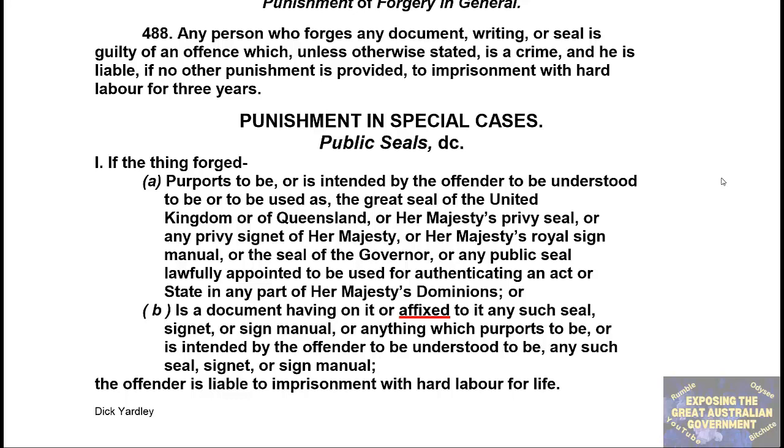B. Is a document having on it or affixed to it any such seal, signet or sign manual, or anything which purports to be or is intended by the offender to be understood to be any such seal, signet or sign manual. The offender is liable to imprisonment with hard labour for life.